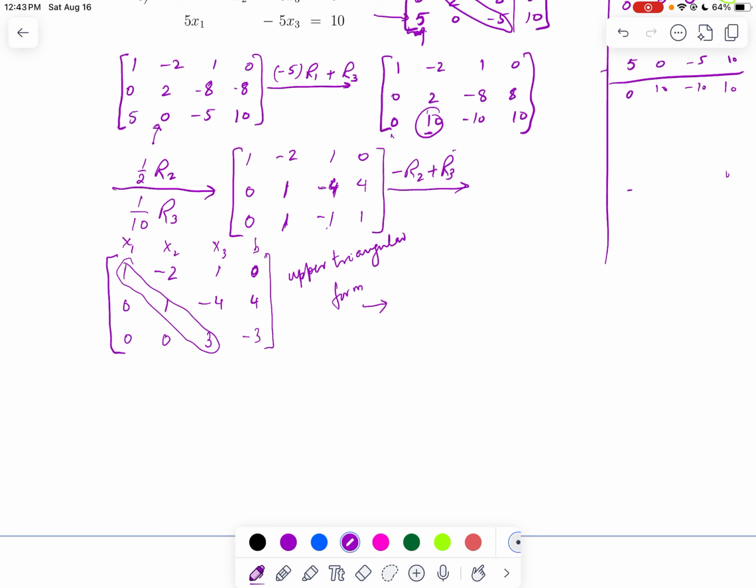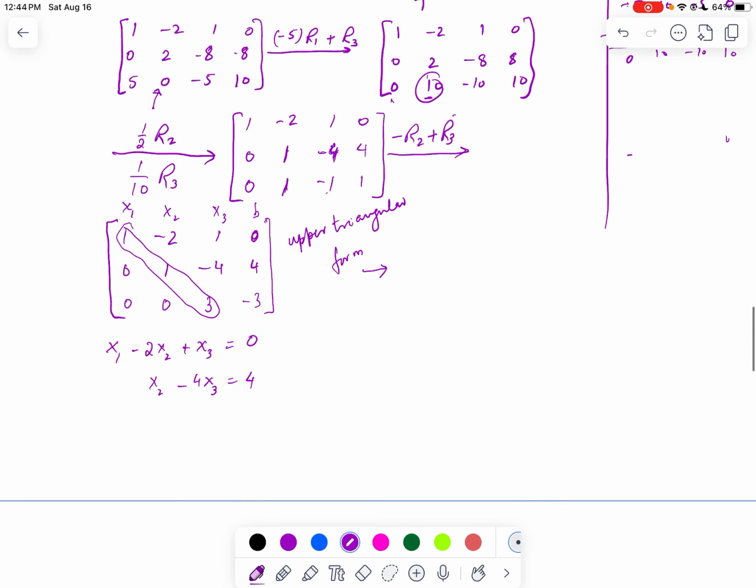So the first row gives us the first equation, x1 minus 2x2 plus x3, 1 into x3 is just x3, equals 0. And the second equation gives me x2 minus 4x3 is equal to 4. And the last row gives me 3x3 equals negative 3.